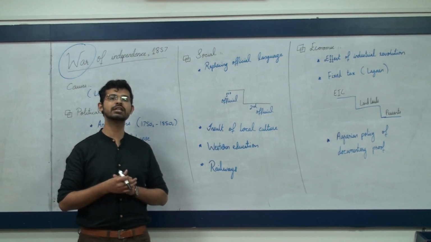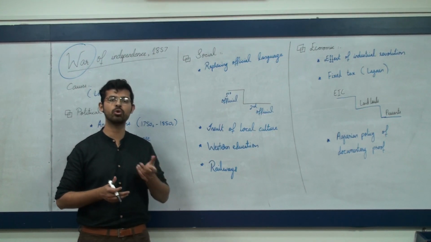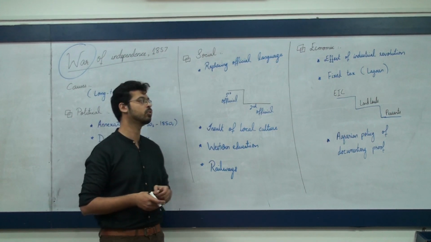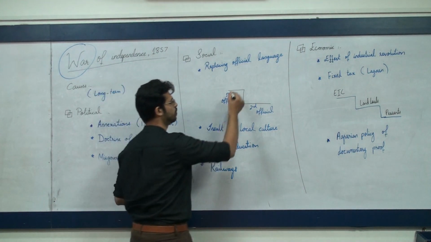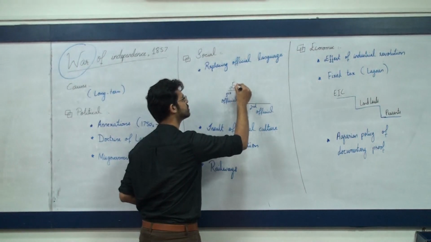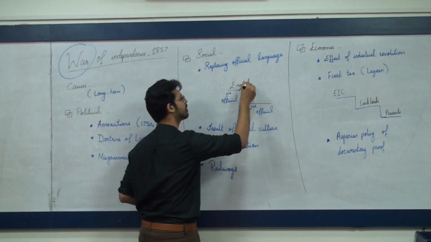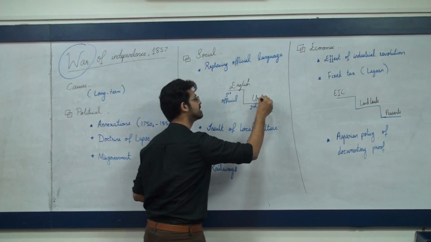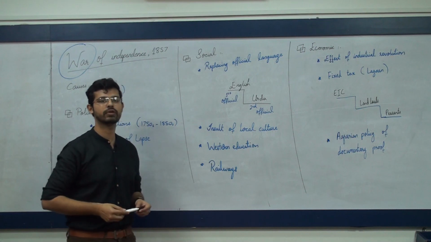But when East India Company started to gain control over India, by 1830s, they were able to replace Urdu by English as the first official language, and Urdu became the second official language of India.